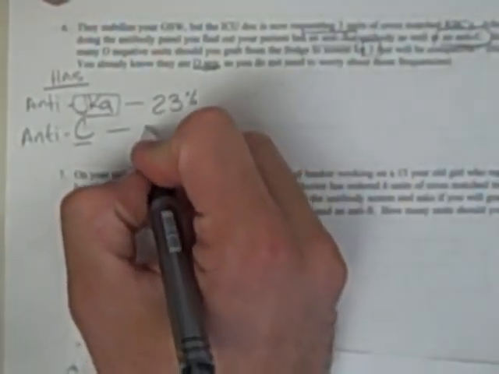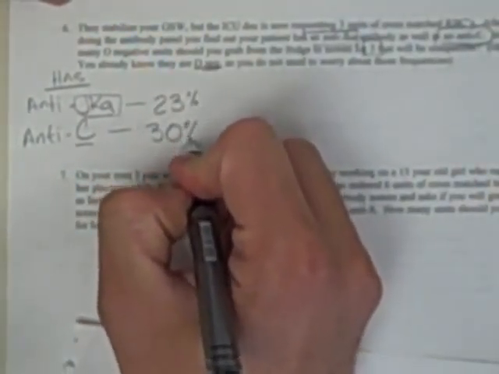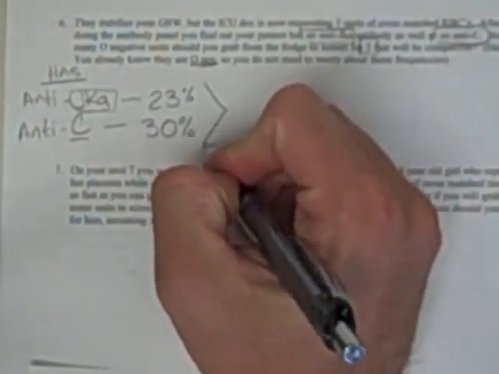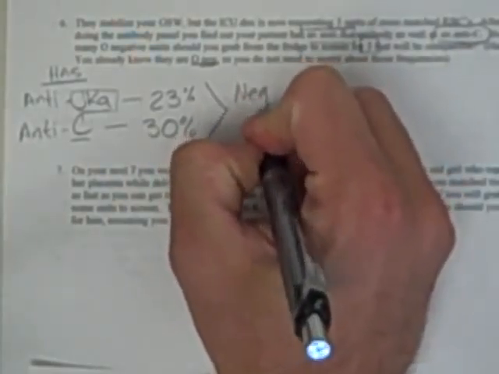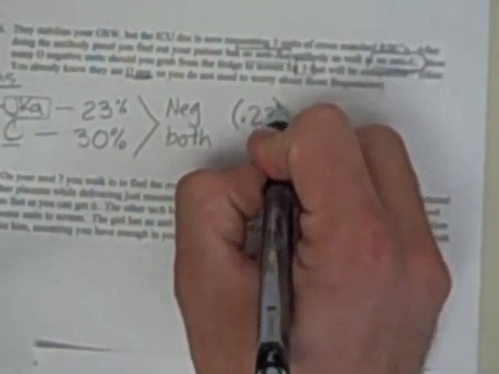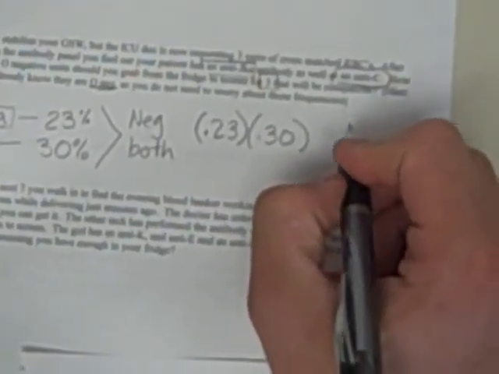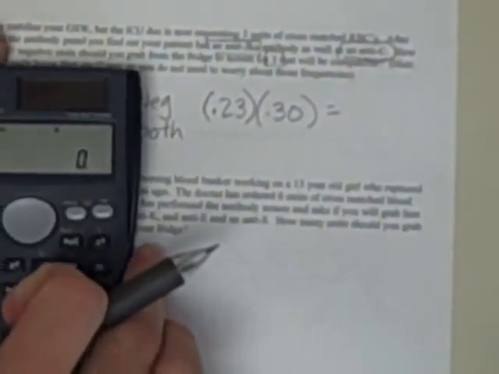So now I go back to this and I say, okay, 30% of my population is negative for big C. The thing that I got to remember when I'm doing a problem like this is that my population needs to be negative, or my donor cells need to be negative for both. So in order to find that, I multiply the two. So converting these to percentages, I have 0.23 times 0.30 will give me my percent compatible. So this is essentially finding how many people are negative for both of these.